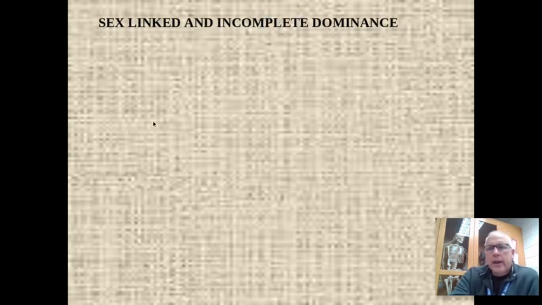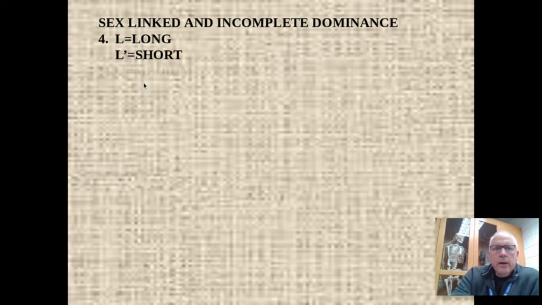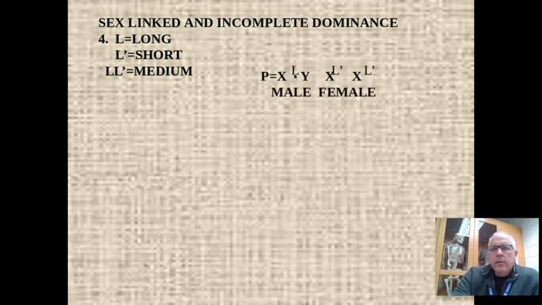Same Punnett square, but we're going to change the subscripts. Now we're going to say it's incomplete dominance. So we got long, we got short, L prime. That means they're both dominant. If I get 2 together, I got medium. So I'm going to cross a long-haired, I think these are cats, with a short-haired female, homozygous.